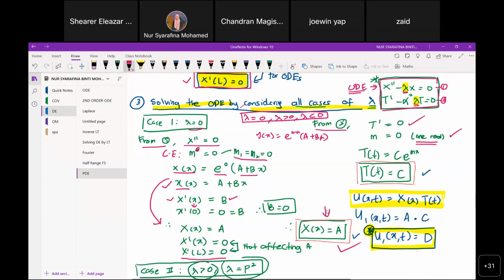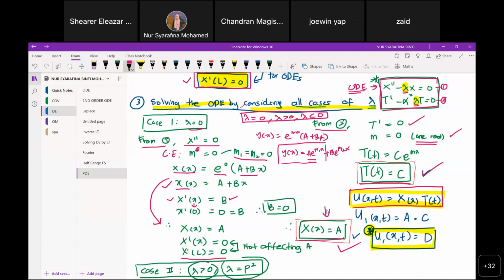Then, if you have only one root, we consider the case of real and distinct roots, where it involves A e^(m1 x) plus B e^(m2 x). So we only have one root, then we just consider this part. That's why T equals C e^(mx), where m is 0, then T equals C. So now case 1 gives you x equals A and T equals C. And remember, our expected solution should always follow the PDE, where it involves u in terms of x and t.